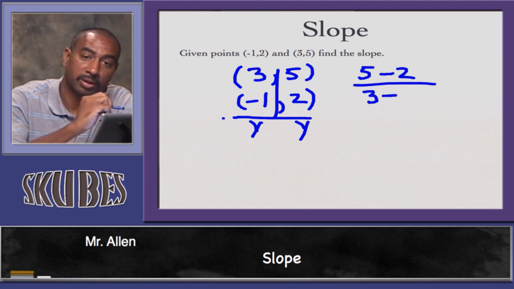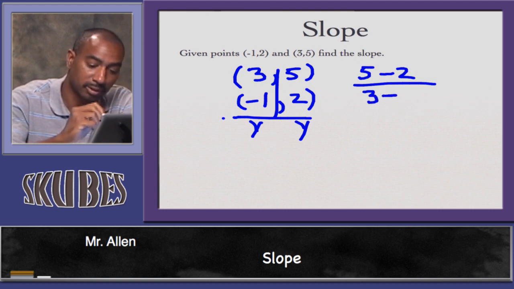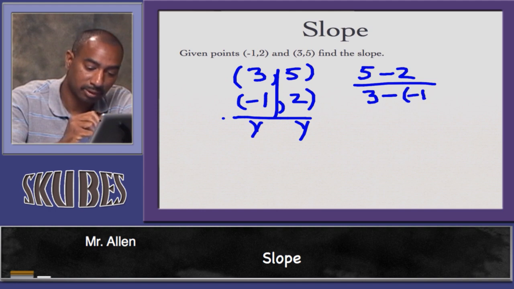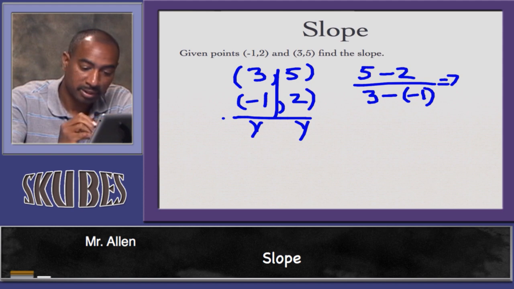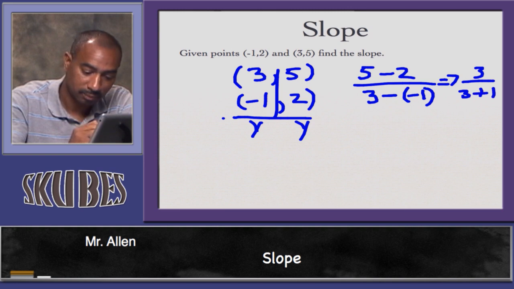This minus is always fixed. But notice this is a -1, so it's minus a -1. So 5 minus 2 we know is 3, but this changes to 3 plus 1. So this is 3 over 4. So the slope is 3/4.